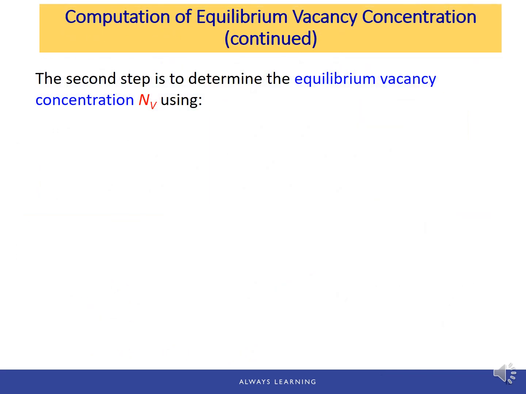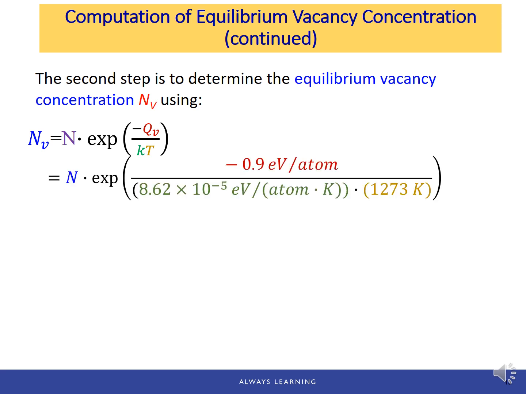So now we figured out N, and every quantity in this equation is ready to use. The second step is to use this relation to determine the equilibrium vacancy concentration N_V. In this step I still keep N as an expression instead of substituting the number. Substitute the Q_V activation energy given in the problem, which is given in units of electron volt per atom.